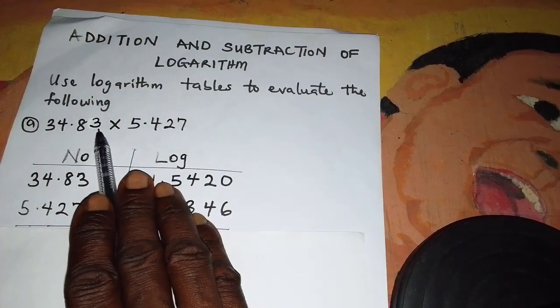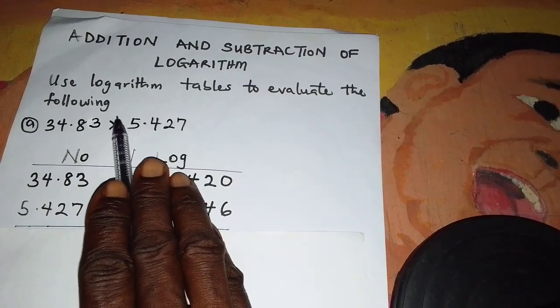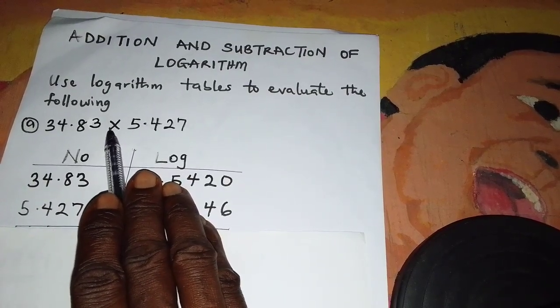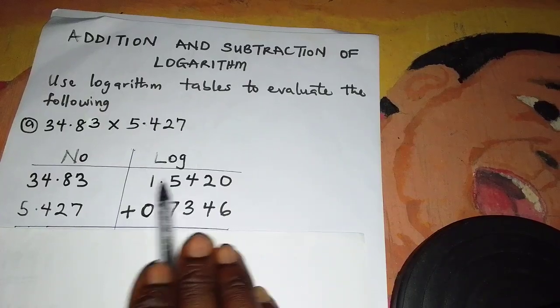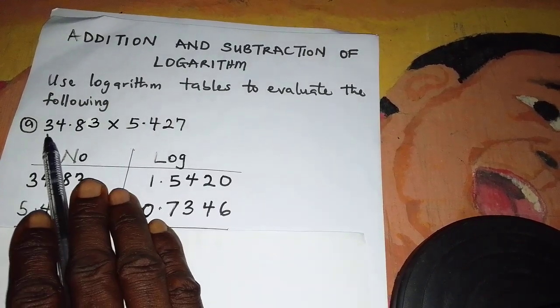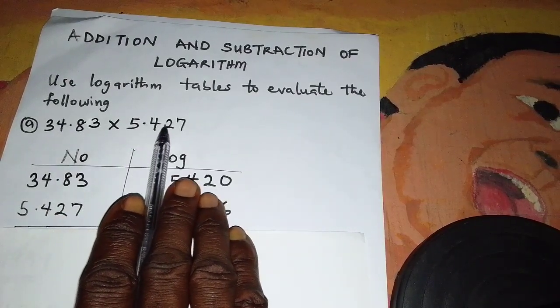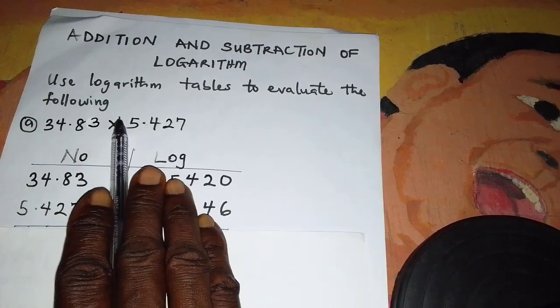Because anytime you are given multiplication, after looking for their logarithms, you add them. Whenever you are told to look for 34.83 times 5.427, this is multiplication.